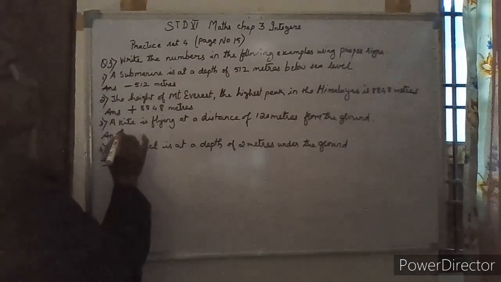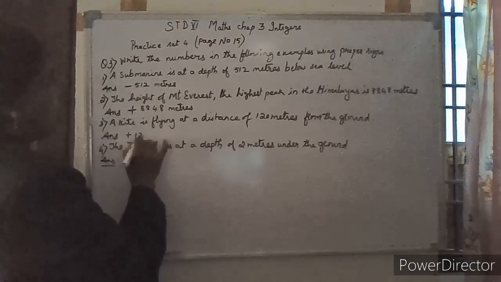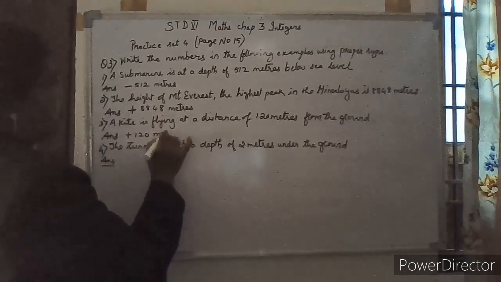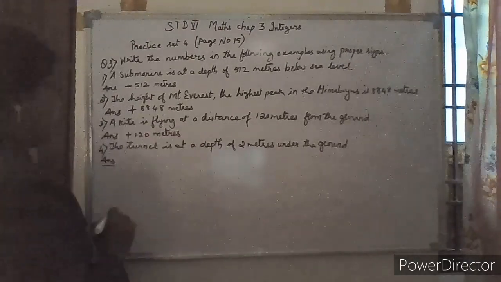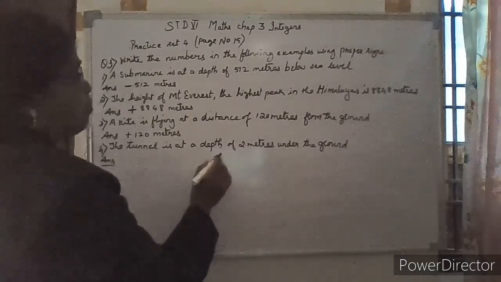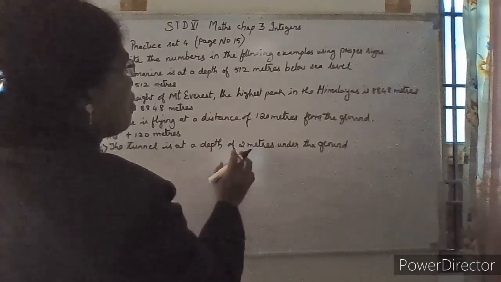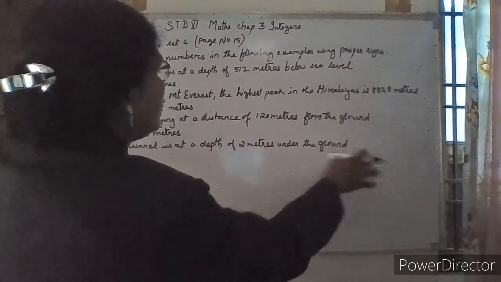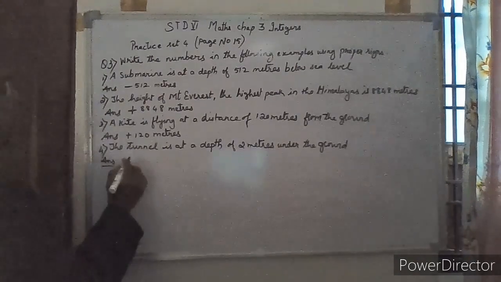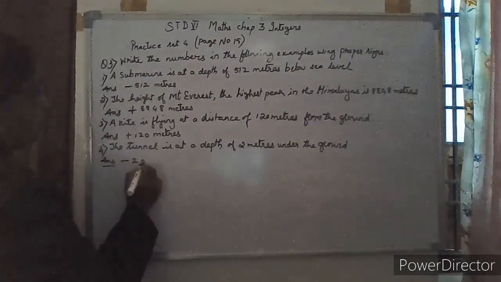So therefore here this is plus 120 meters. Next question, the tunnel is at a depth below sea level, at a depth of 2 meters under the ground. So it is minus 2 meters.